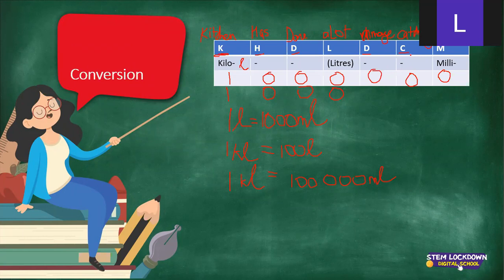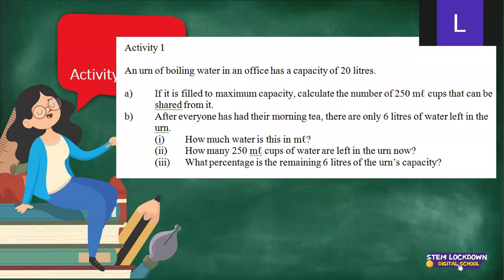Okay, let's continue. Remember, should you have any questions, feel free to write on the chat. Okay, activity 1. Here it says an urn of boiling water in an office has a capacity of 20 liters. Now with measurements, make sure that you underline each and every figure that you have and understand what it is.